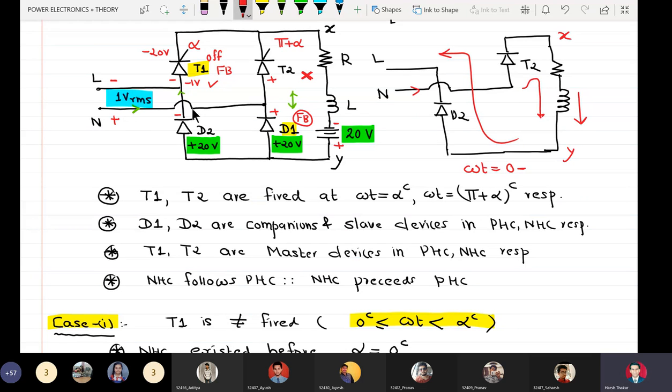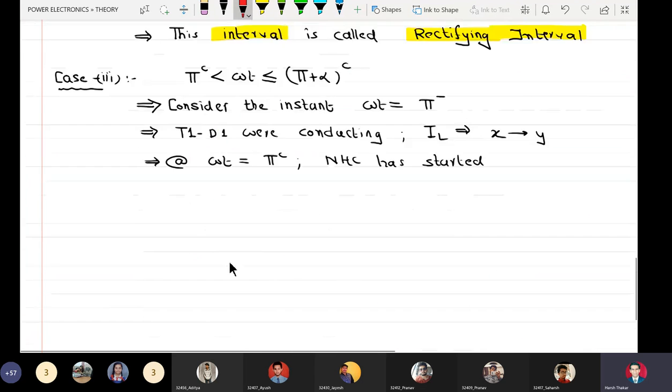Okay, so now we are having plus 1 volts here, but this is plus 20 here. Got a point. So we can make a comment here.